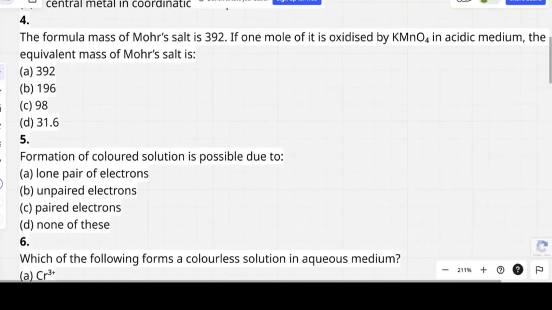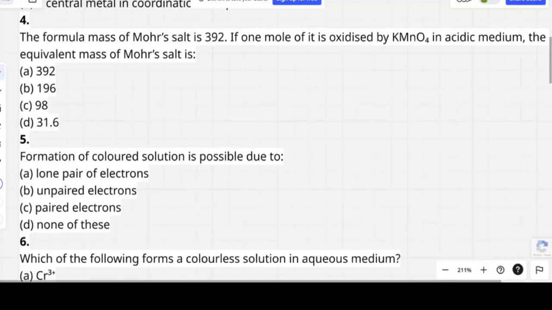The formula mass of Mohr salt is 392. If 1 mole of it is oxidized by KMnO4 in acidic medium, what is the equivalent mass of Mohr salt? To calculate the equivalent mass, we need the number of electrons lost or gained. KMnO4 is a good oxidizing agent.